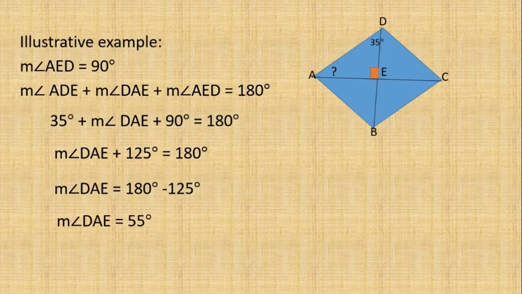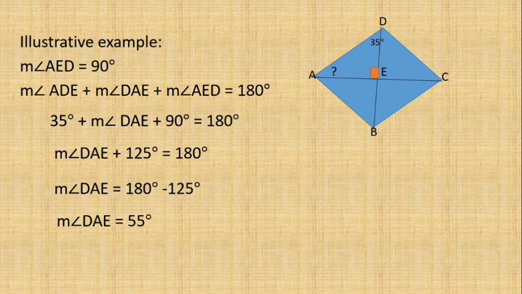And as you can see, the other angles of the rhombus given are angle AEB is equal to 55 degrees, angle ABE is equal to 35 degrees, angle ABC is equal to 35 degrees, angle ECB is equal to 55 degrees, angle ECD is equal to 55 degrees, and angle EDA is equal to 35 degrees.